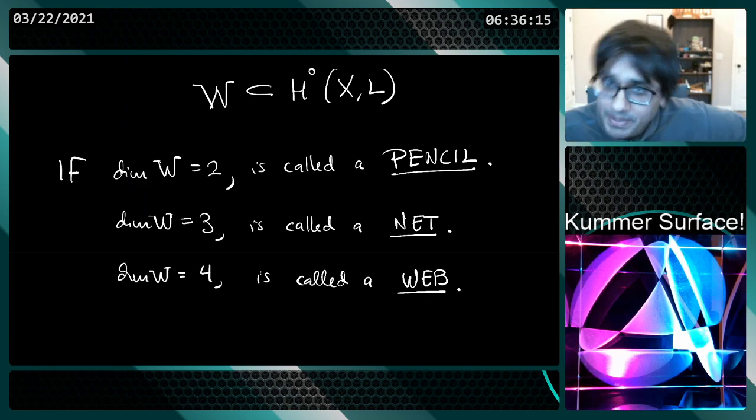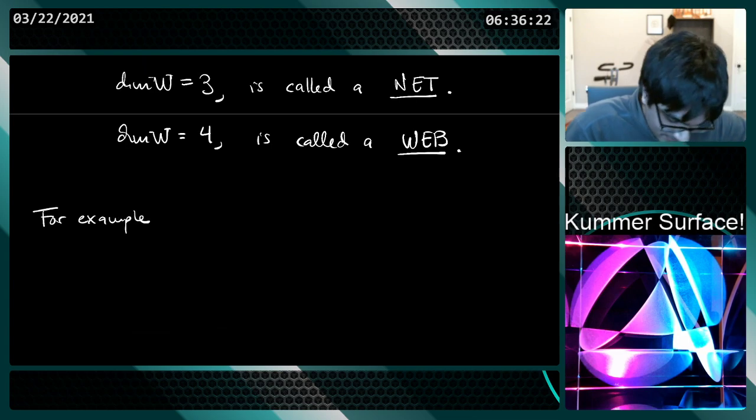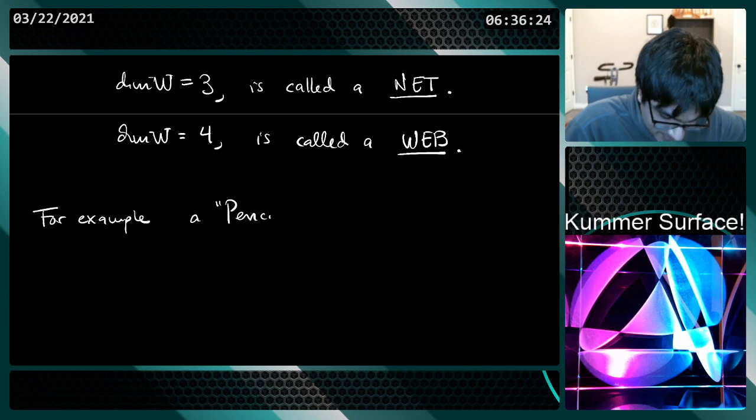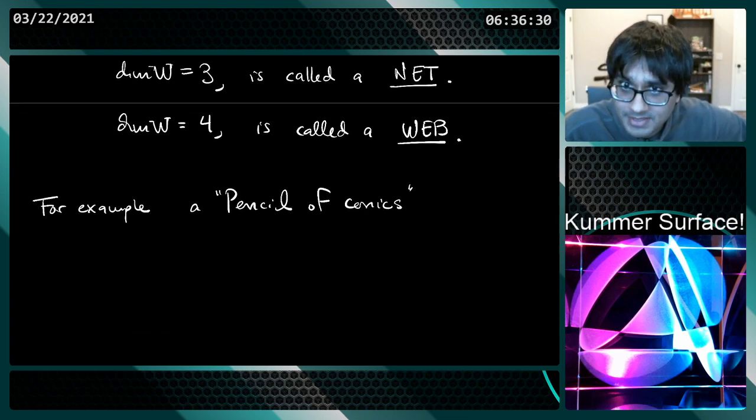So what is a pencil of conics, for example? It is a two-dimensional vector space of global sections of O of 2.